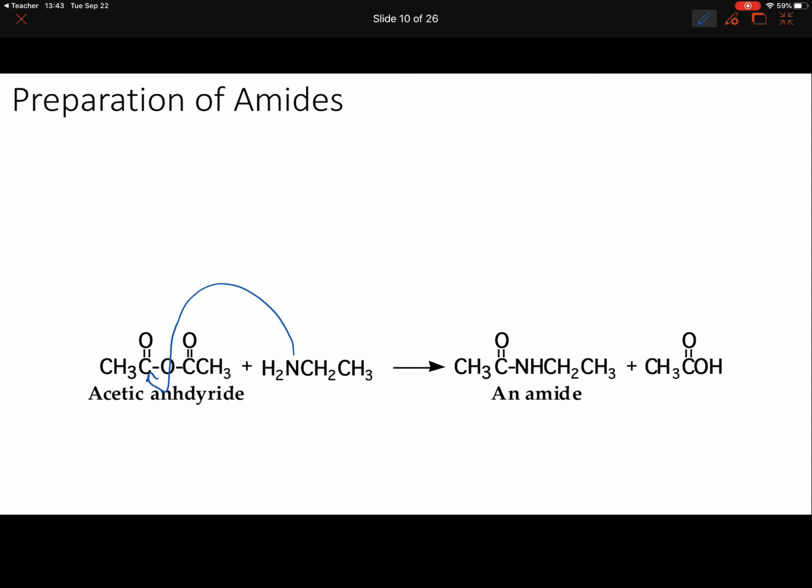What do we call it? A nucleophilic attack by the nitrogen on this carbon. The carbon there is a good electrophile. It wants those electrons that nitrogen has and forms a new bond. So that works a lot better than using the carboxylic acids.